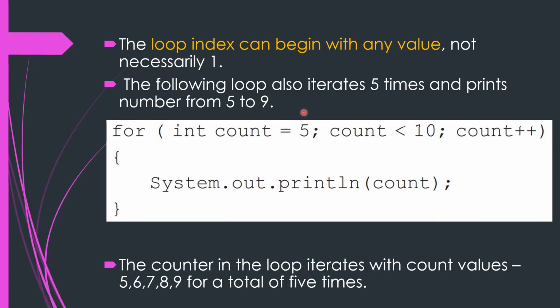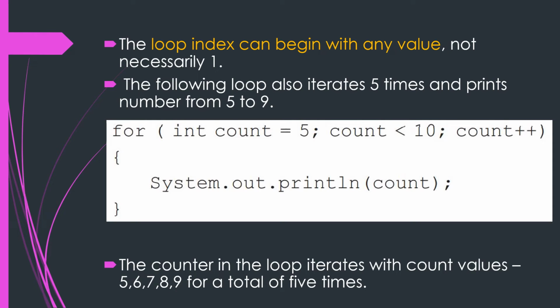Because the initialization value is 5, we have to start from 5. And till the condition is satisfied, we will continue the loop. In the third part, the counter changing value is given. Count plus plus means it is an incrementing loop because we want to print the numbers from 5 to 9.